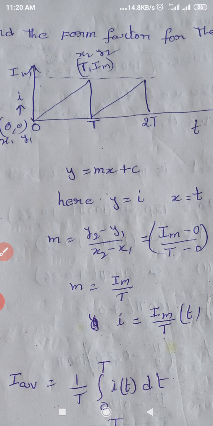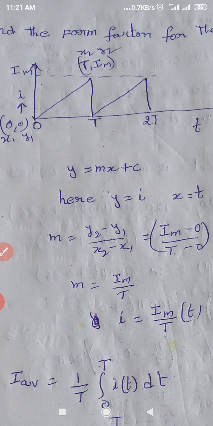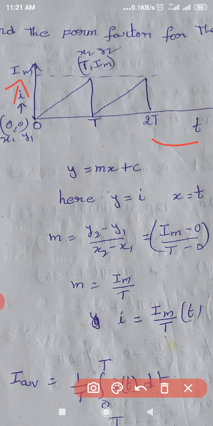From geometry we already know that the equation of a straight line is expressed as y equal to mx plus c. Here in place of y the current is represented, and on the x-axis it is represented by t.